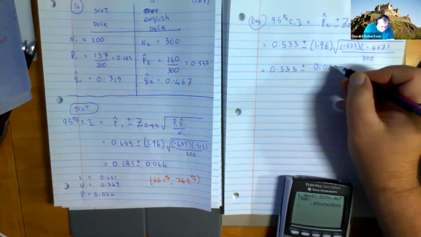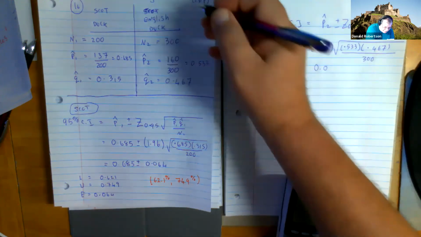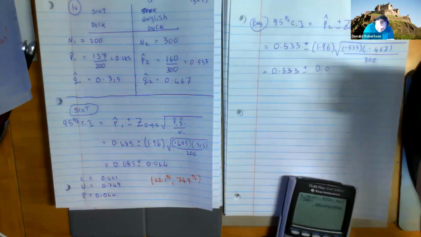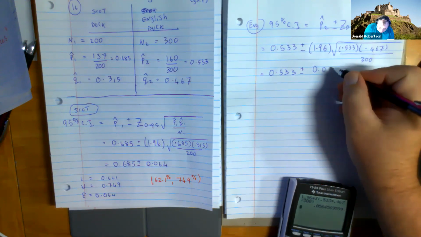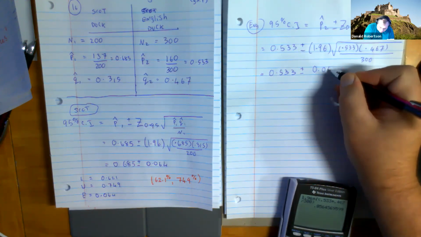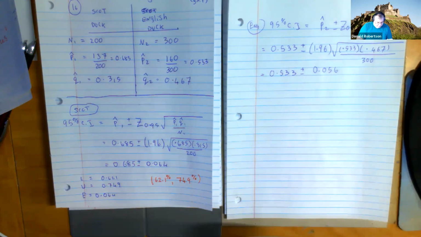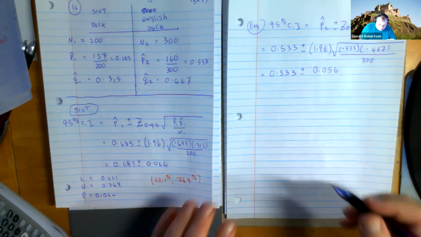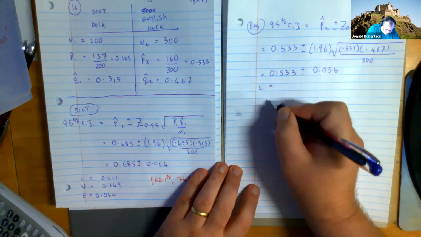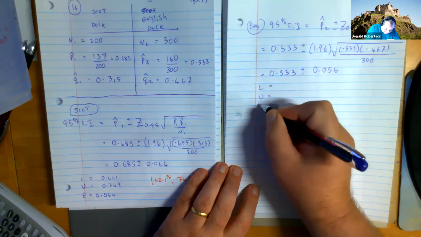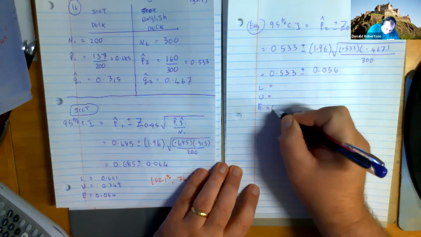You know, I've been saying 2 decimal places, but I've really been doing it to 3, so let's pretend I meant 3 all the way through. And that's going to give me a lower limit, an upper limit, and a margin of error.